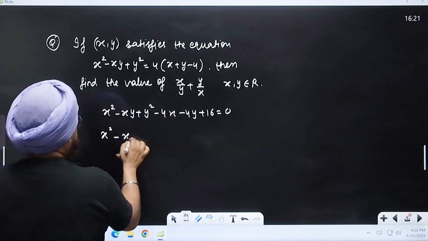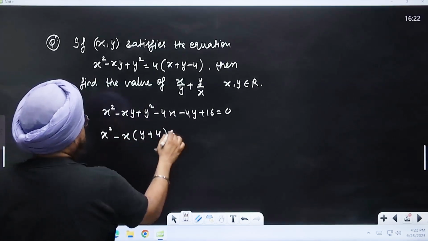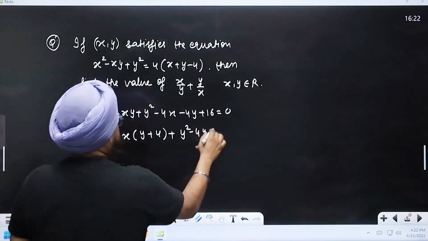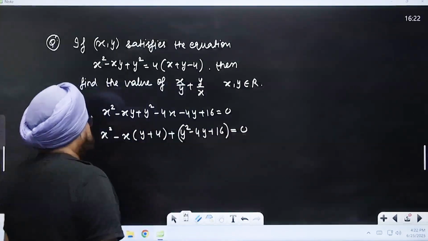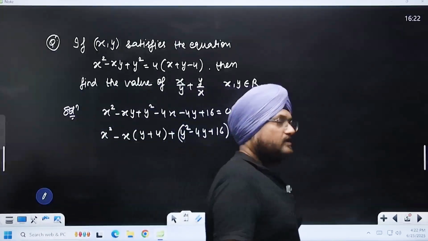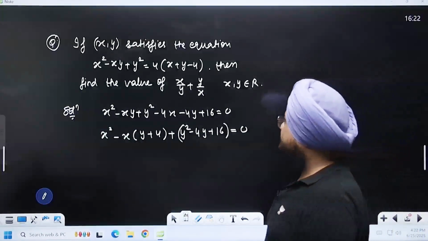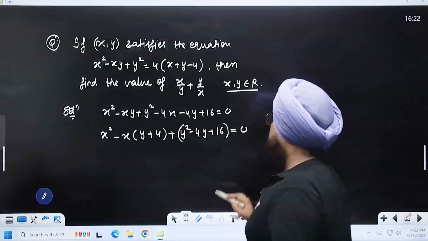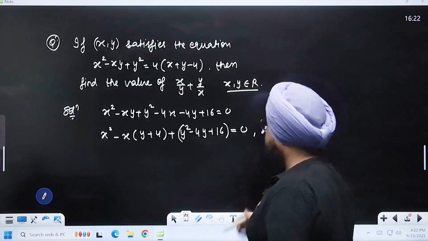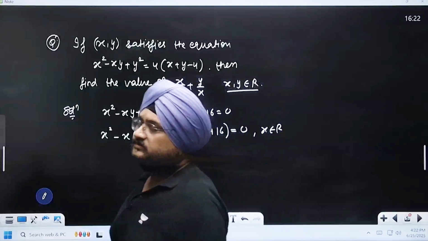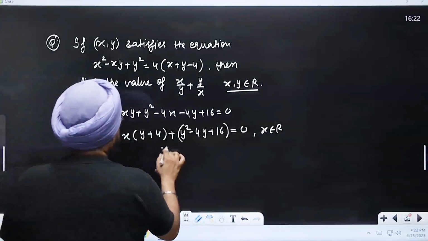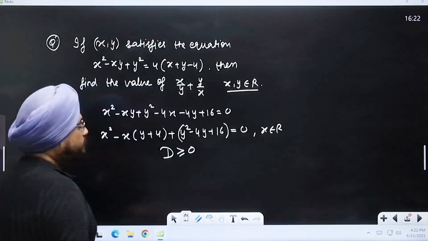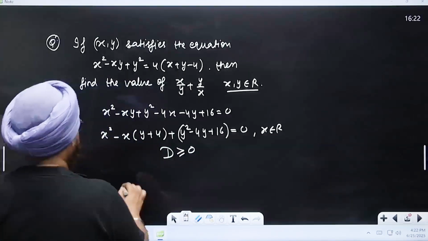So x square minus xy plus 4 plus y square minus 4y plus 16 is equal to 0. This is a quadratic equation in x and we are given that x and y are real numbers. If x is a real number, it means that the root of this equation is a real number. If the root of this equation is a real number, then discriminant of this quadratic should be greater than or equal to 0.